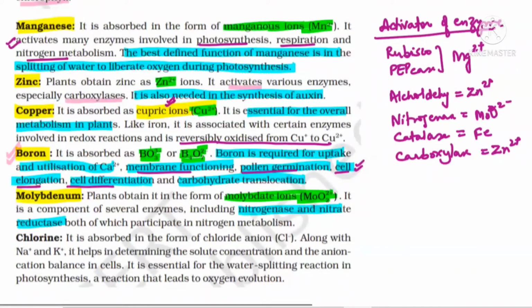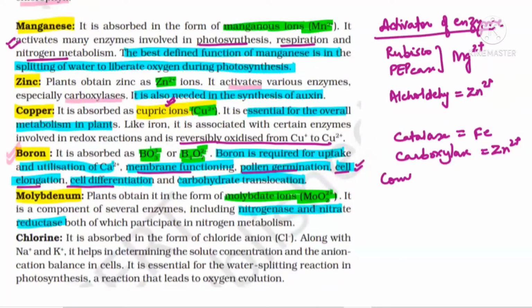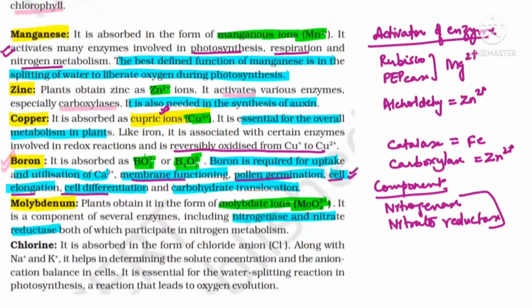I should do one thing, just 1 minute. We should not write this way. We should add it down. Component for nitrogenase and for nitrate reductase. For both of them, the component is molybdenum.